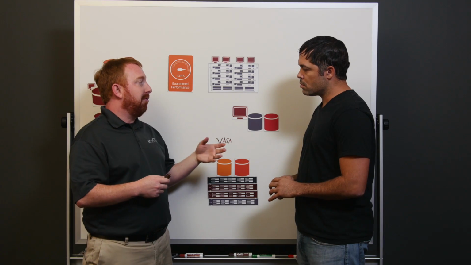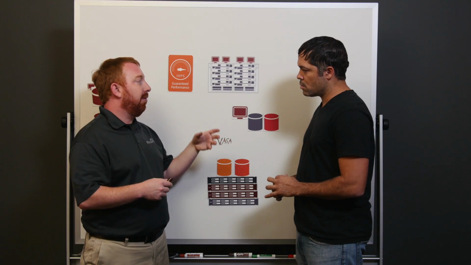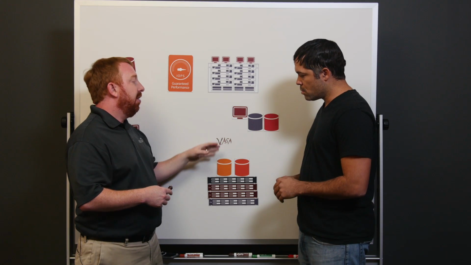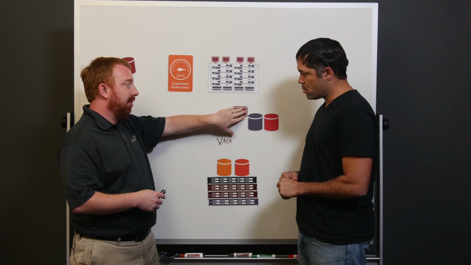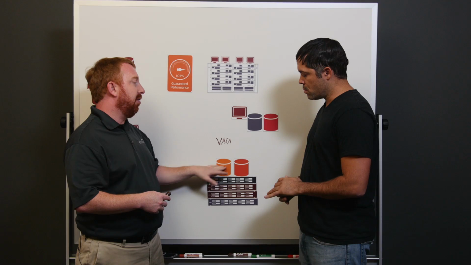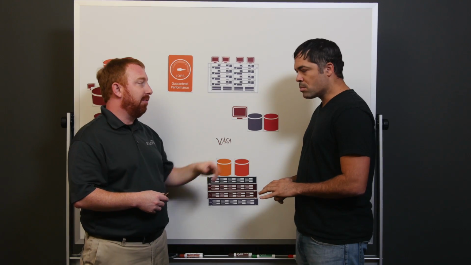But from a VMware perspective, you guys have opened it up to allow VMware to then leverage the VASA provider to execute all calls. So whenever you deploy a new virtual machine, you make the call to the VASA provider to create the respective volumes that match up with the disks on the virtual machine.